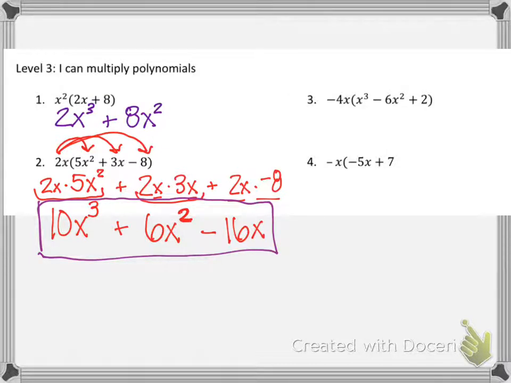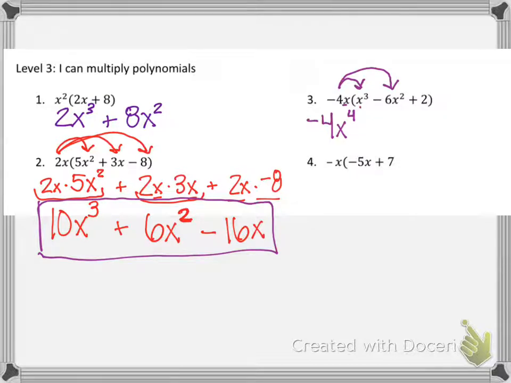Go ahead and do the third one. I'm going to multiply my negative 4x times x to the third, and I'm going to get negative 4x to the fourth. X times x to the third is x to the fourth. And then I have negative 4 times negative 6x to the second power.